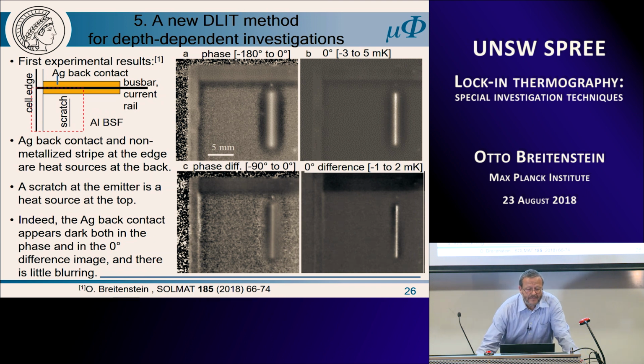And here, that's the edge of the cell, and here we have made a scratch on the solar cell through the emitter, which represents a heat source at the top of the solar cell. So this at the bottom, and that at the top, and these are the results.